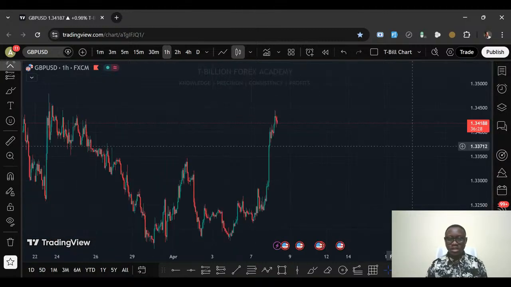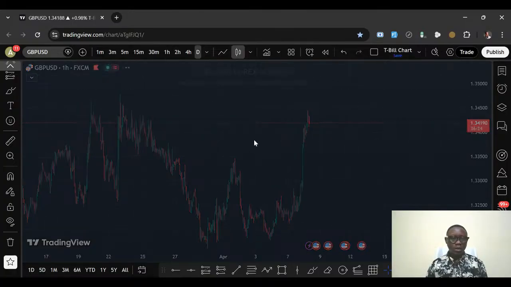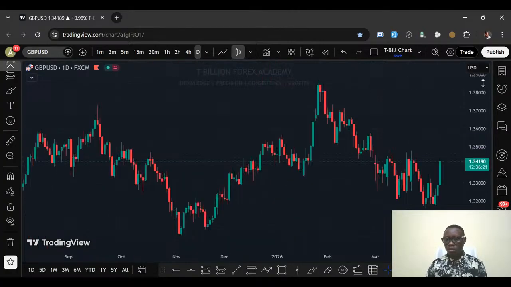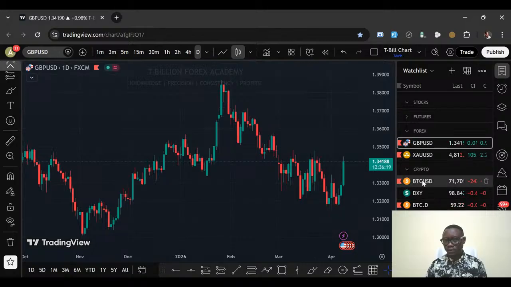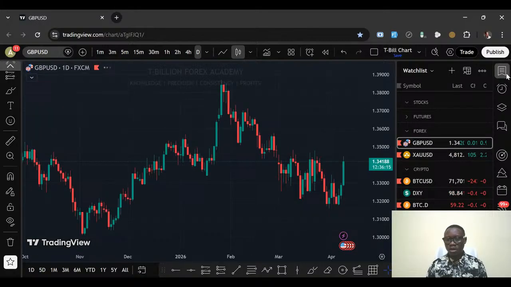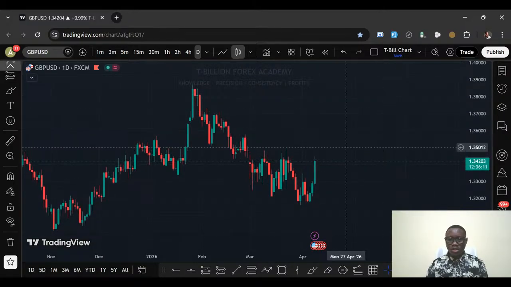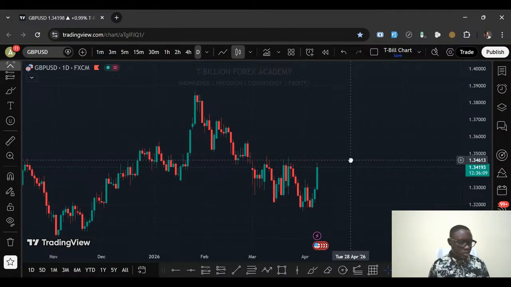Okay, clear the chart. So let's start with GBP USD. As always, we begin our analysis process on the daily time frame.